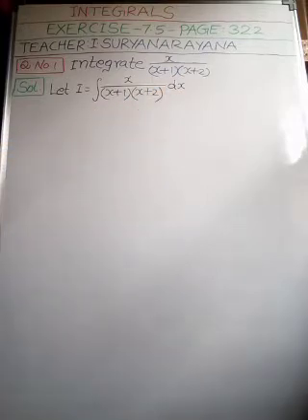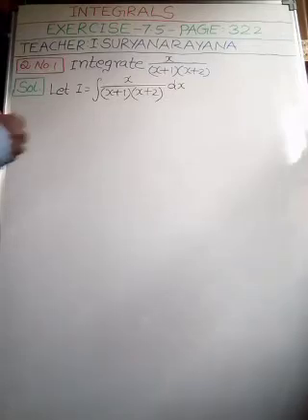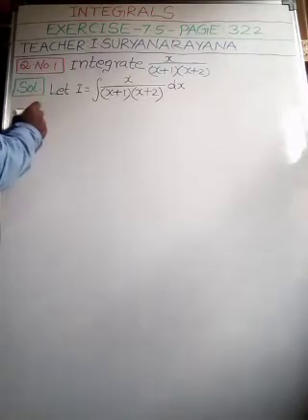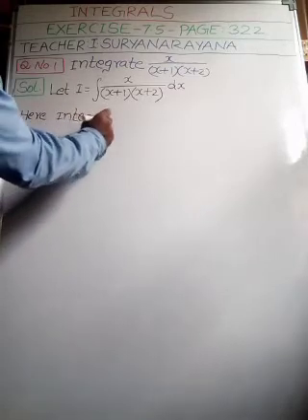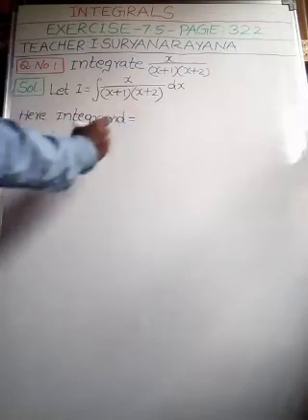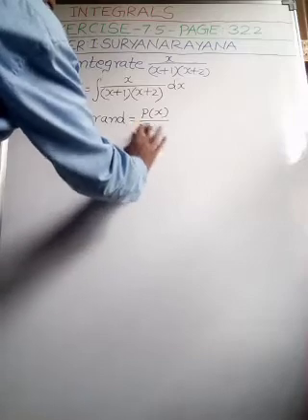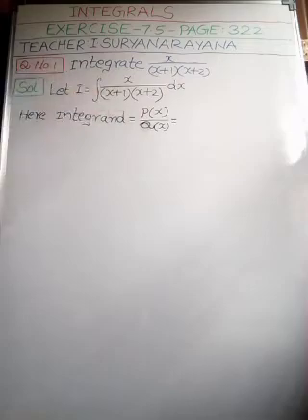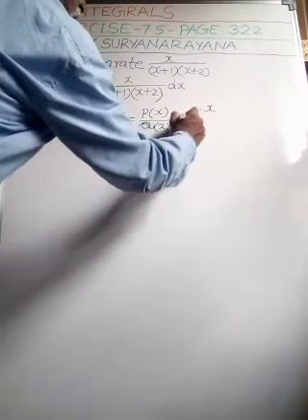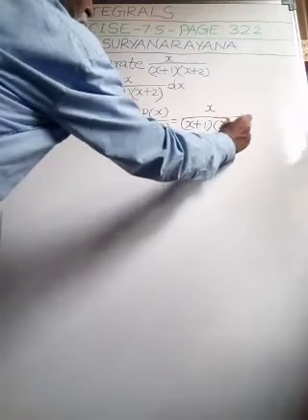Right. Now, what is the integrand here? X by (x plus 1) into (x plus 2). Here the integrand is in the form of p of x by q of x, where p of x is equal to x and q of x is equal to (x plus 1) into (x plus 2).